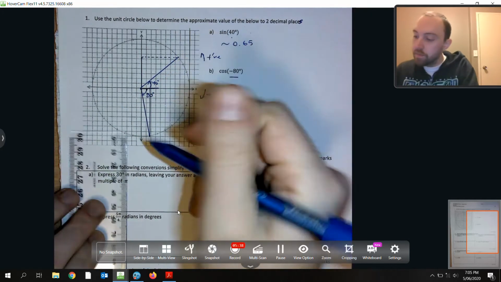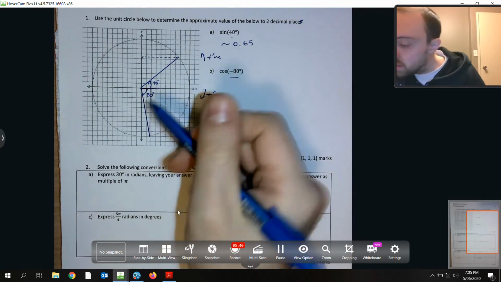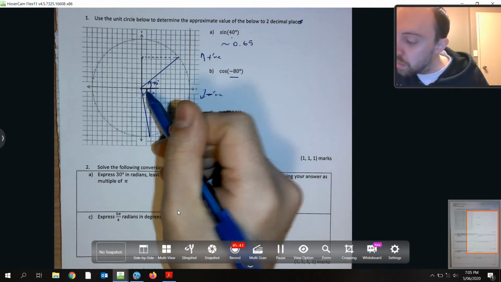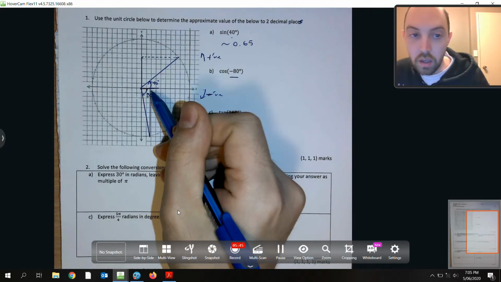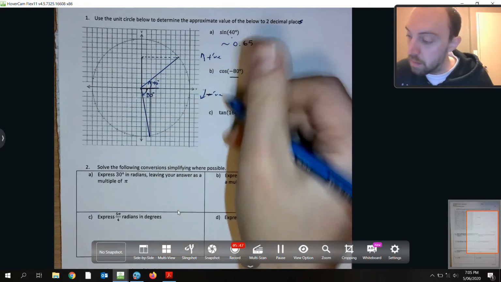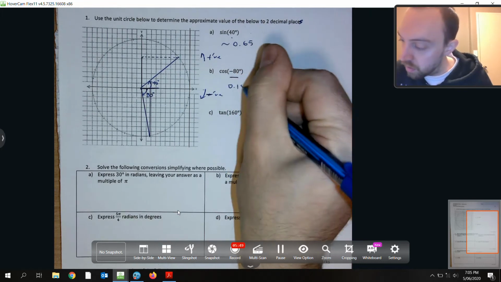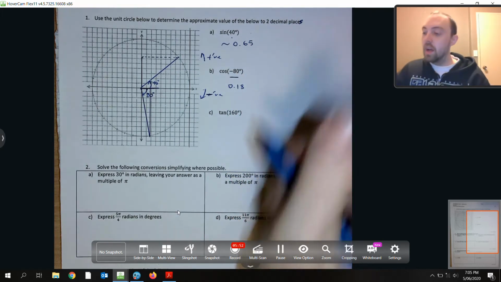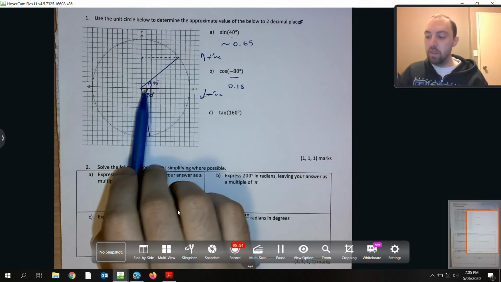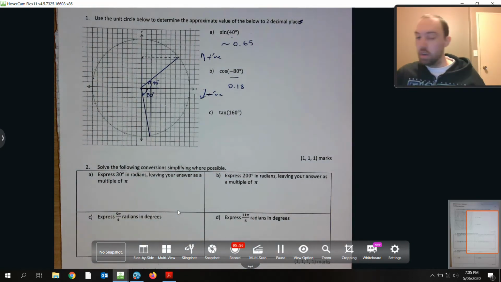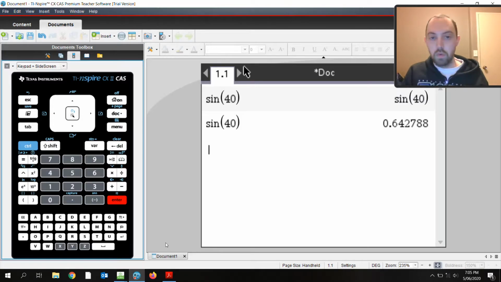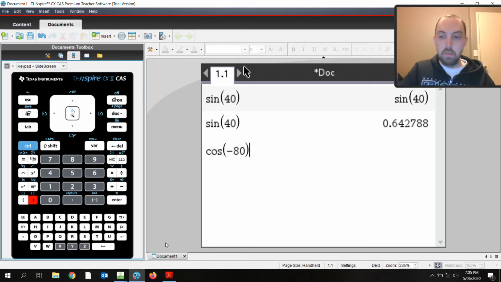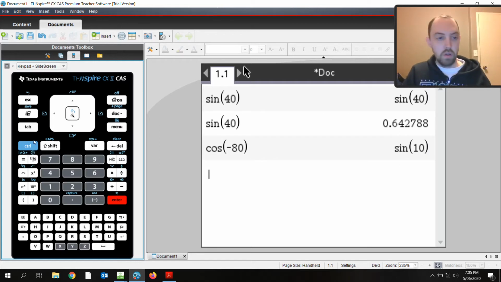Okay, so the x distance there is about 0.1 and not quite 0.2, let's say it's about 0.18, and it is on the positive side. So again, this is just for the benefit of the video, 0.17.